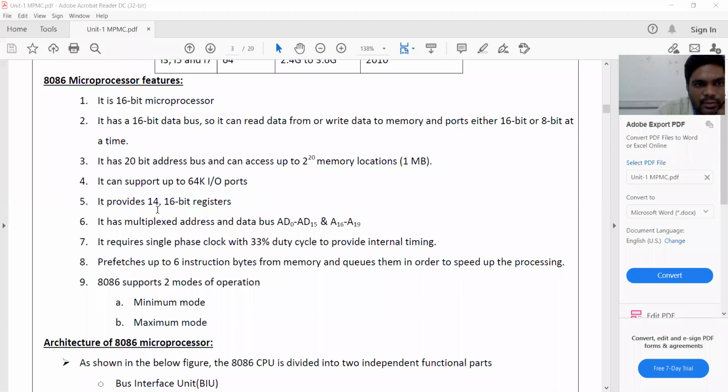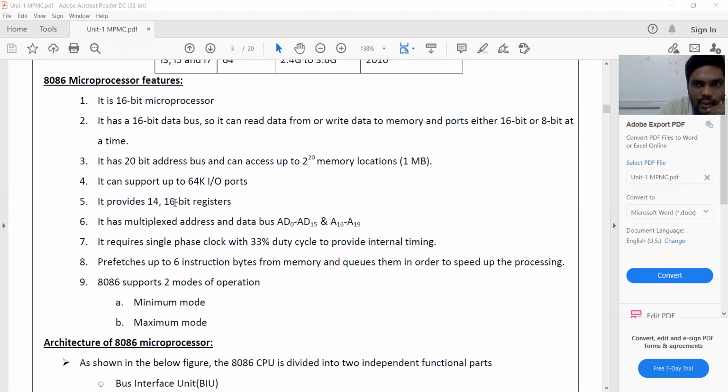I think it provides 14 16-bit registers, not 14-bit; the comma is not there. That means 14 number of 16-bit registers, and each register can store 16-bit data. We will see what those 16-bit registers are later in our discussion.